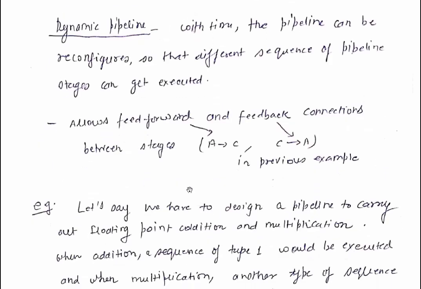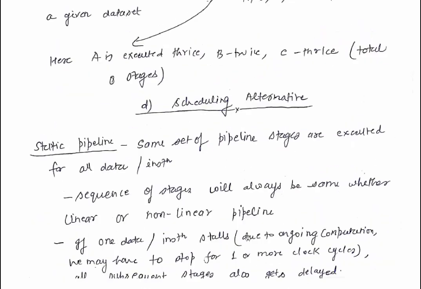Now if one data or instruction stalls, meaning due to ongoing computation we may stop for one or more clock cycles. Let's say one stage is taking a longer amount of time. In that scenario we can stop there for one or more clock cycles, allow that computation to complete, and then feed the output into the next stage as an input.